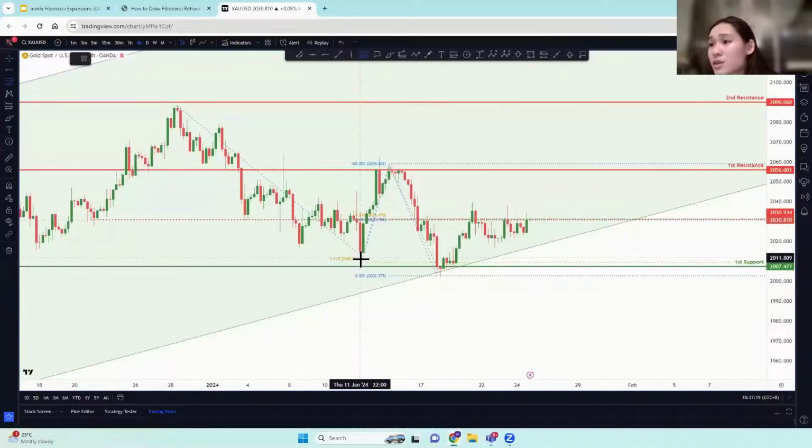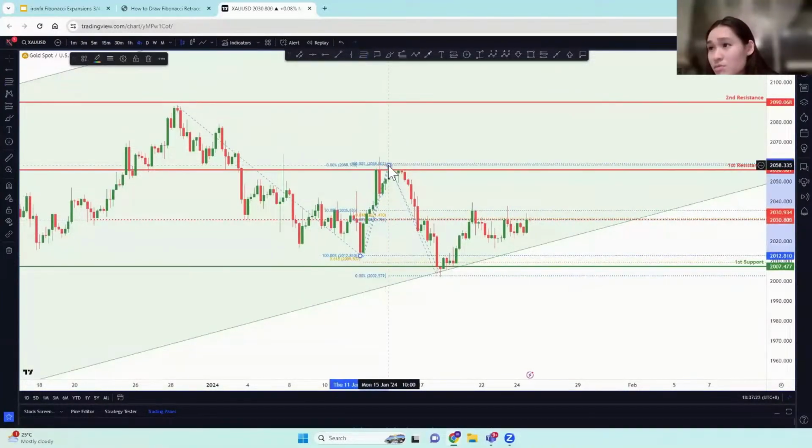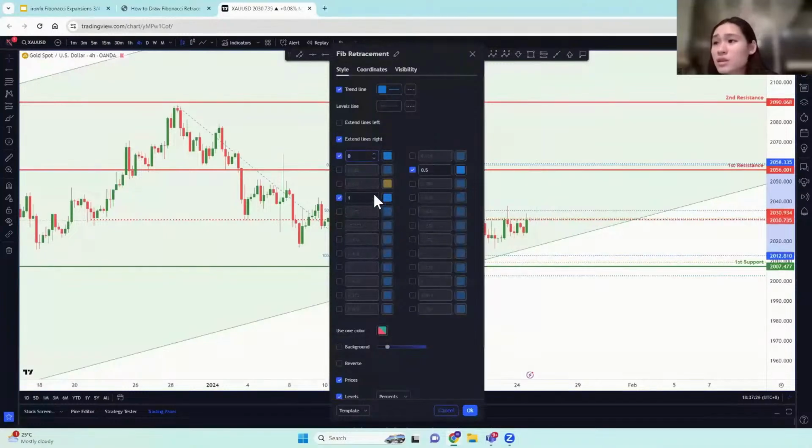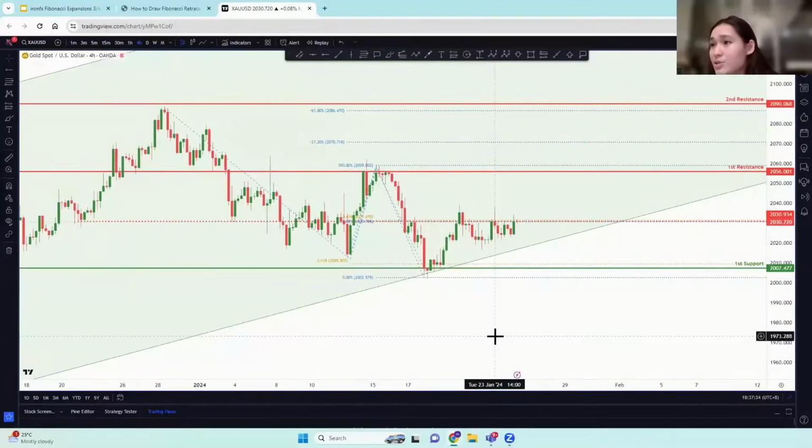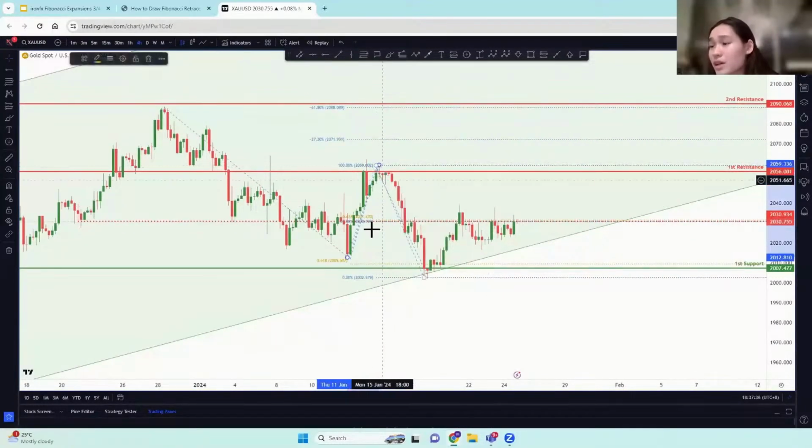Okay, let's see if we can find any expansions. Earlier we mentioned minus 27.2 and minus 61.8 are the levels for expansion. And you can see that, so this is our lightning bolt shape in case you couldn't see it.